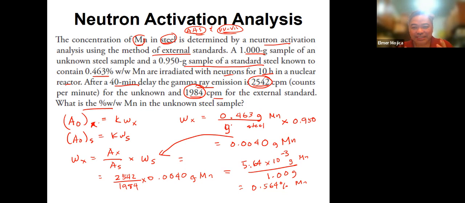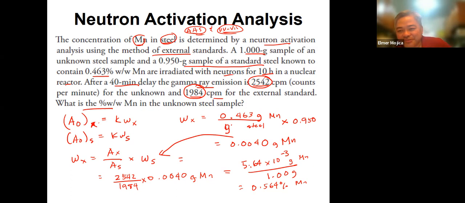You want it to be intact. Okay? So this is, we could say, a very useful method, especially the two, neutron activation analysis and isotope dilution.